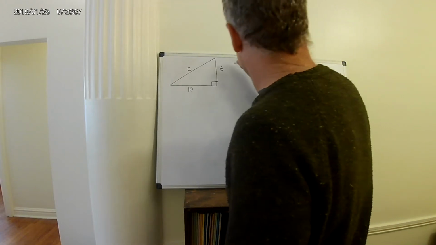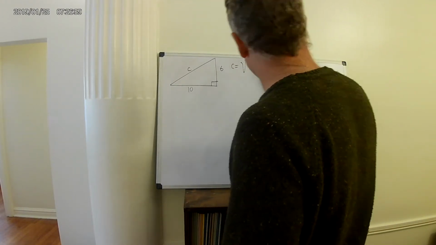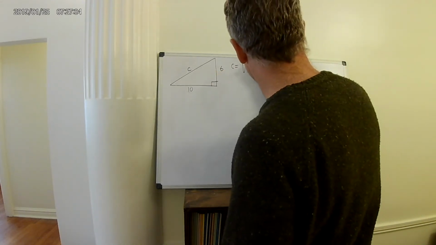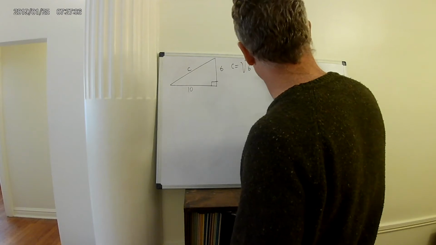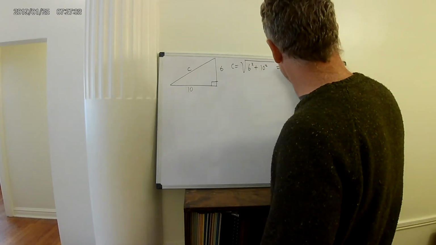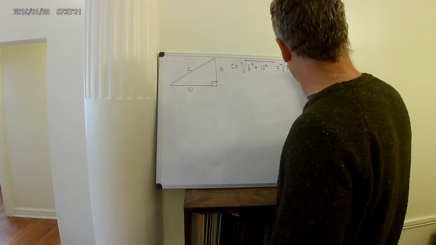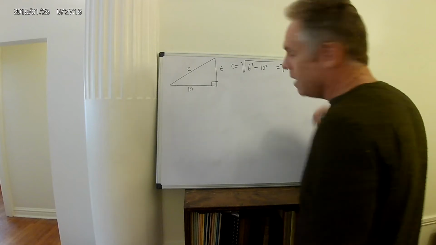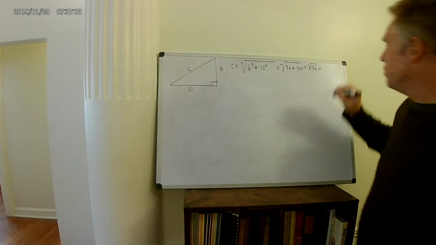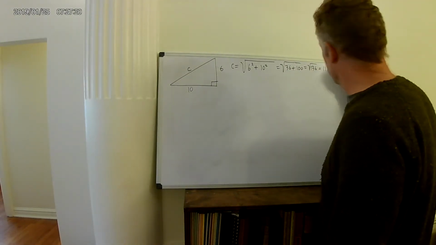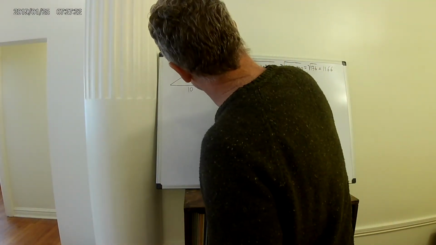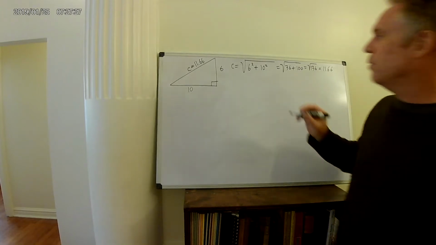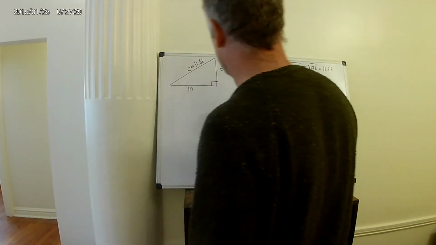We can use the Pythagorean Theorem, so C would equal the square root of the sum of the squares of the other two sides. So C equals the square root of 6 squared plus 10 squared, which equals the square root of 36 plus 100, which equals the square root of 136. If you plug this in your calculator, you get 11.66. So C is equal to 11.66. So this is a method we can use to figure out the length of the hypotenuse.